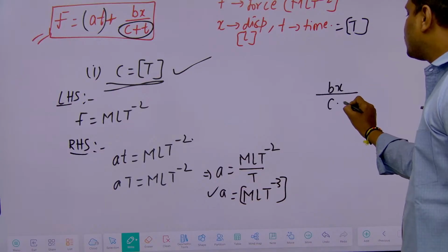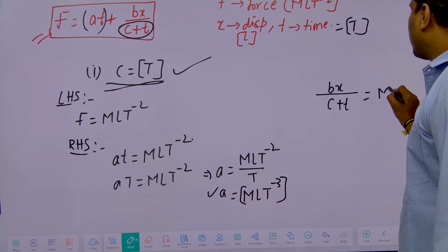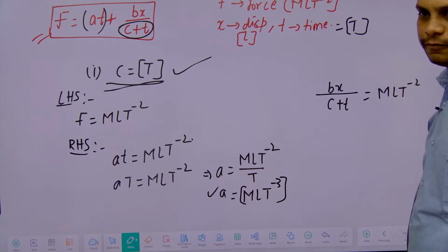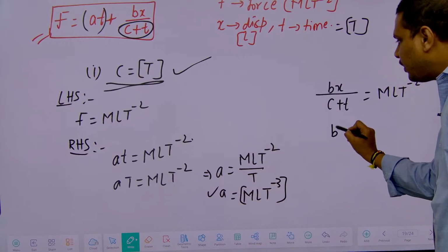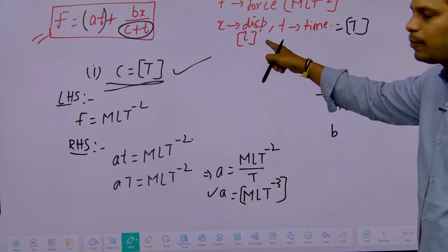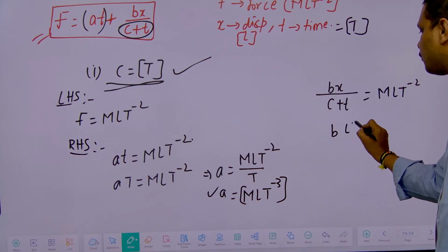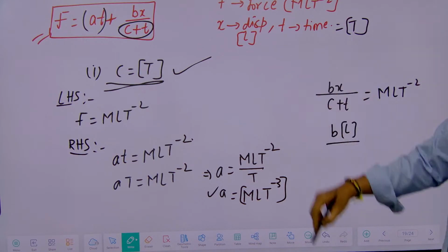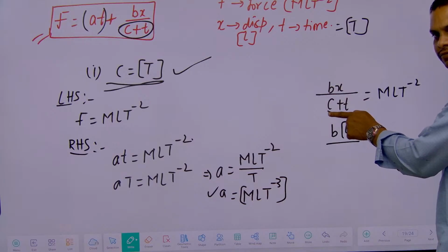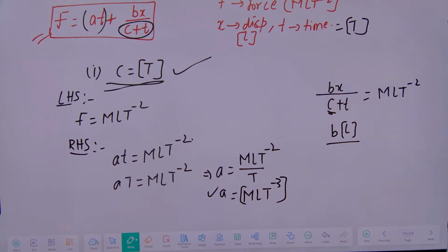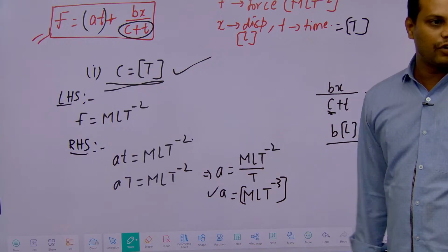BX by C plus T. That you can also write as MLT power of -2. Then B into X; X is displacement, so its dimensional formula is L, divided by the dimensional formula of C plus T. Then T plus T is T, not 2T. Why? Because it is a dimensional formula.